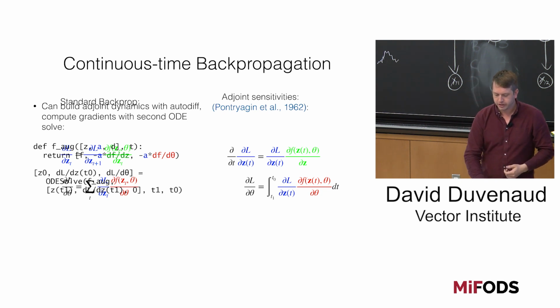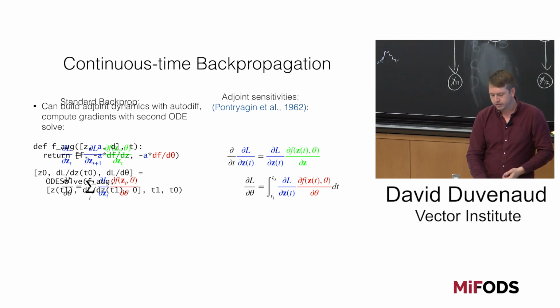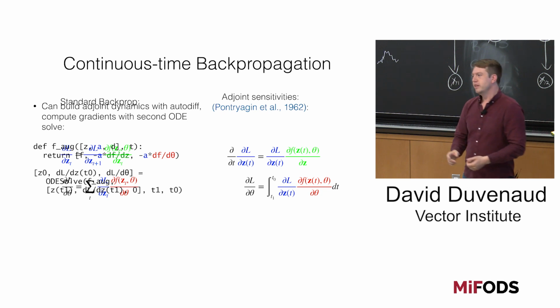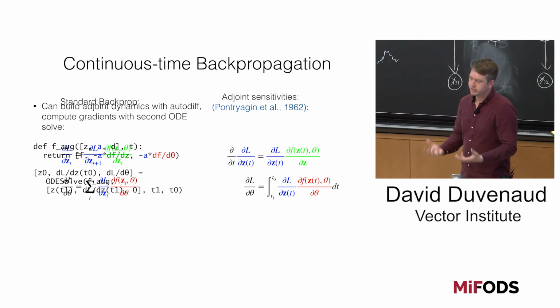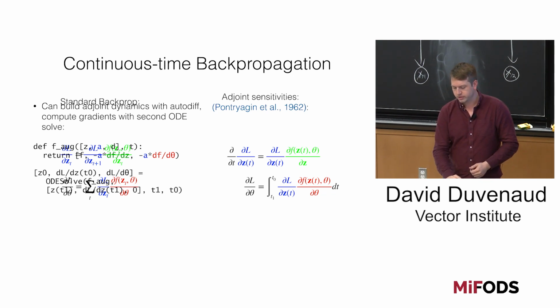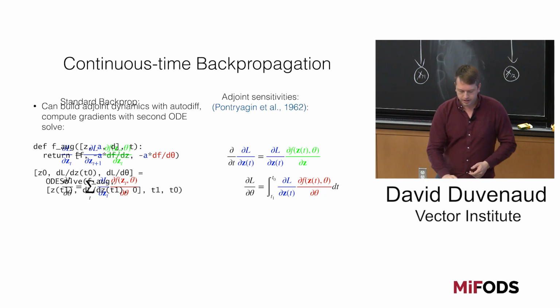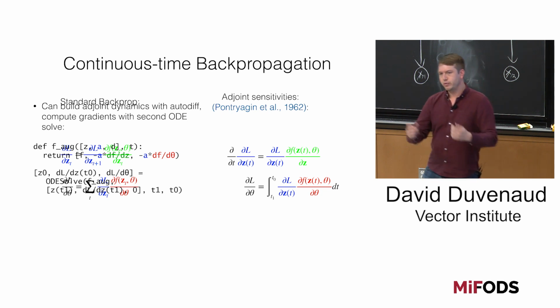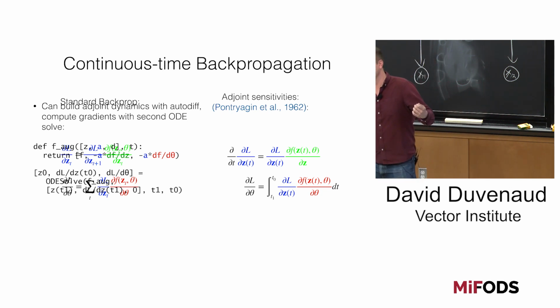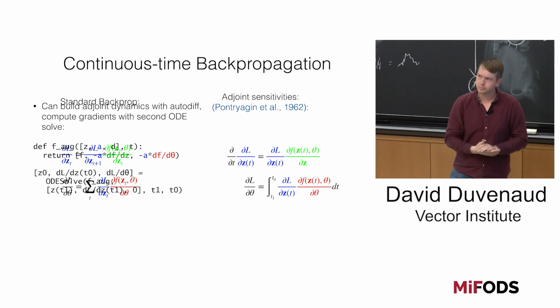And then Pontryagin was writing a long time ago about how this actually leads to another set of differential equations. We already have these ODE solvers sitting around. Why don't we just use AutoDiff to compute all these Jacobians, or Jacobian vector products, rather. We already can do that. And then put this whole thing together into another call to an ODE solver that will run backwards from the solution to compute all the gradients that we need to update our model.